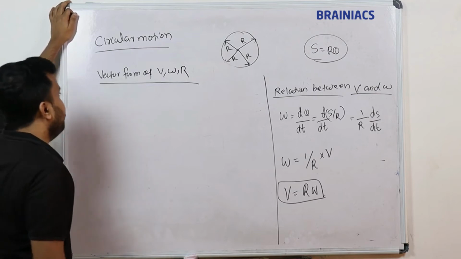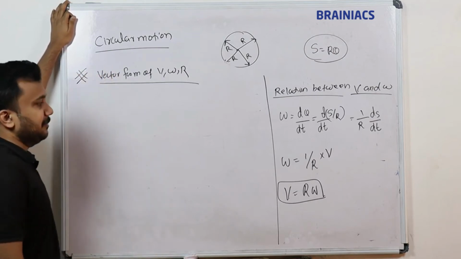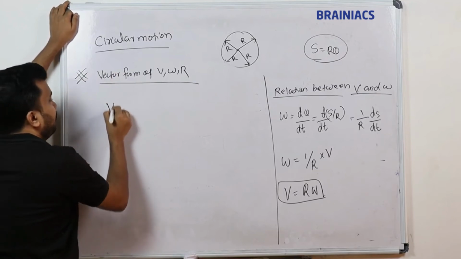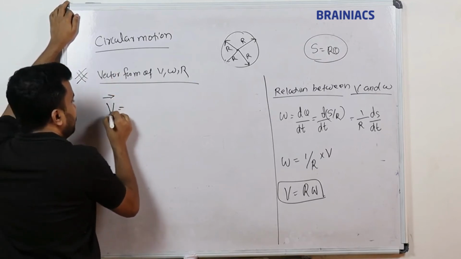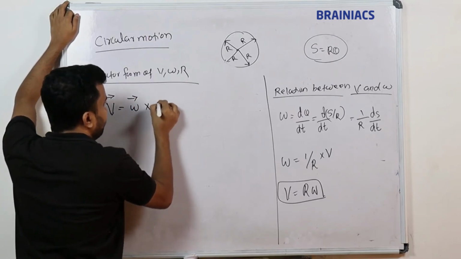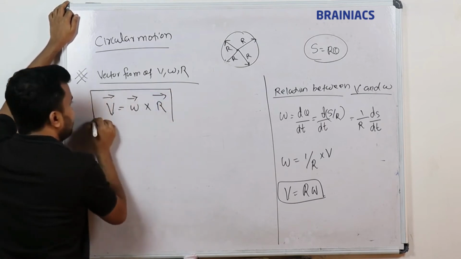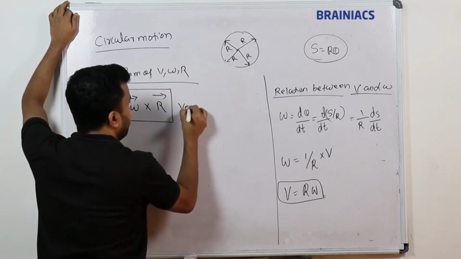This is very highly important. Vector v is equal to omega cross r. This is very important.